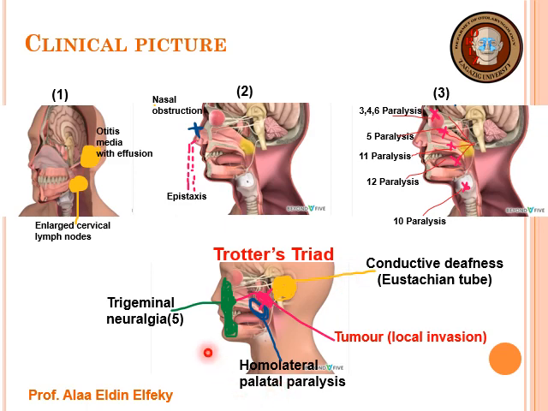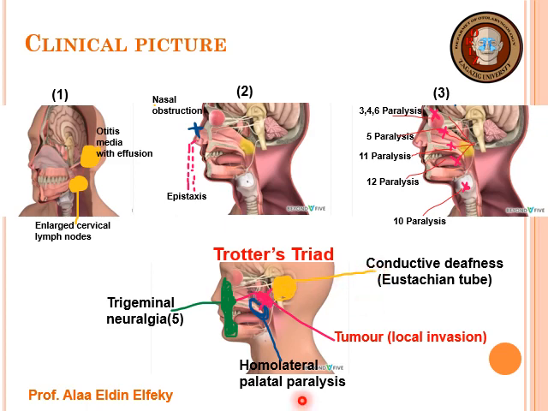First, affection of the trigeminal nerve will cause facial neuralgia, trigeminal neuralgia. Then, local invasion of the Eustachian tube will cause conductive deafness due to otitis media with effusion.